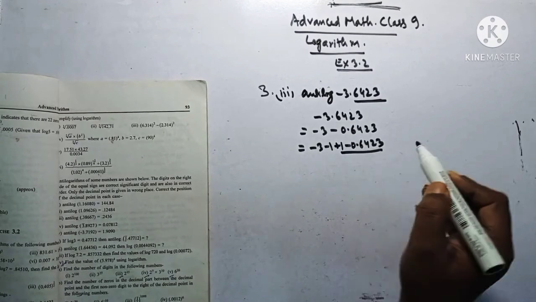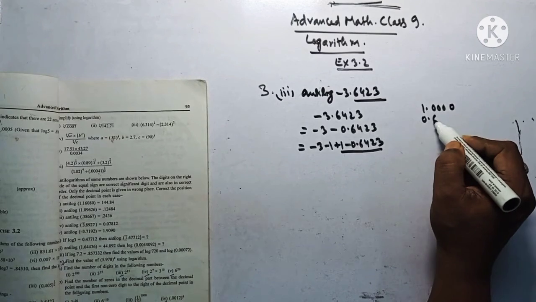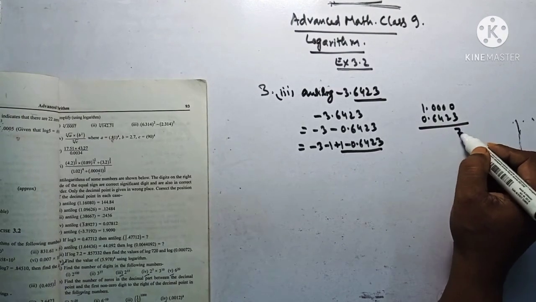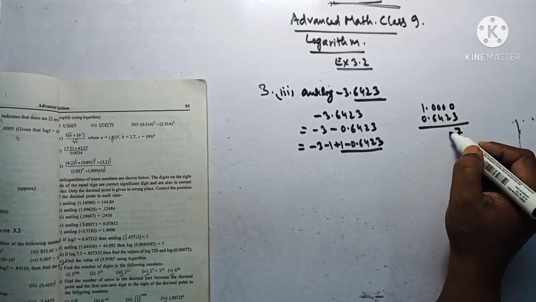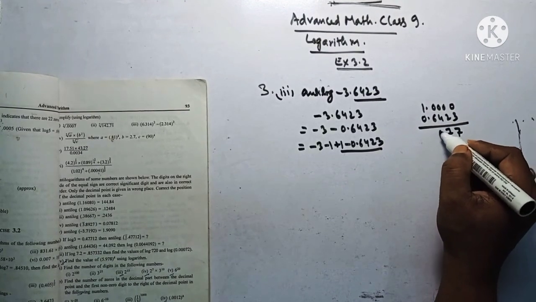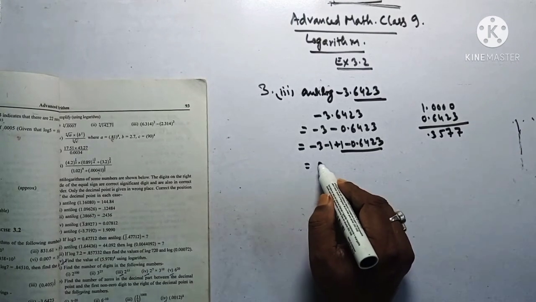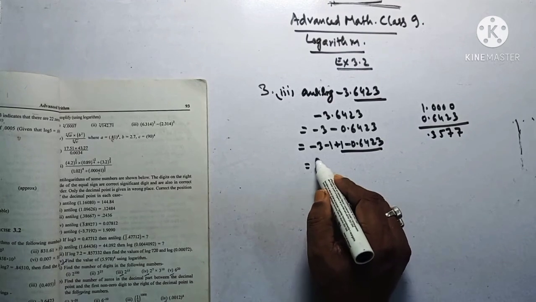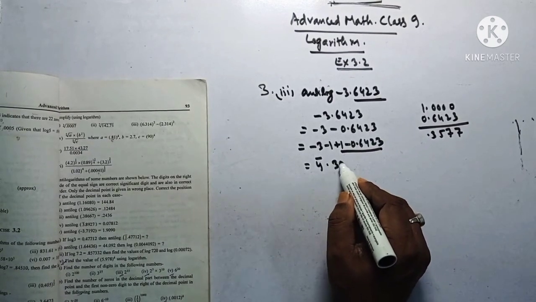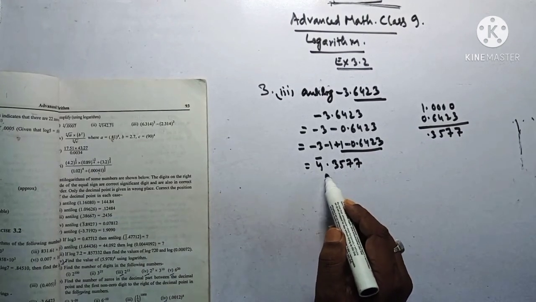So here 1.0000 minus 0.6423, when I subtract it, 10 minus 3, this is 7, 9 minus 2, this is 7, 9 minus 4, this is 5, 9 minus 6, this is 3. So this comes out to be 4 bar point 3577.